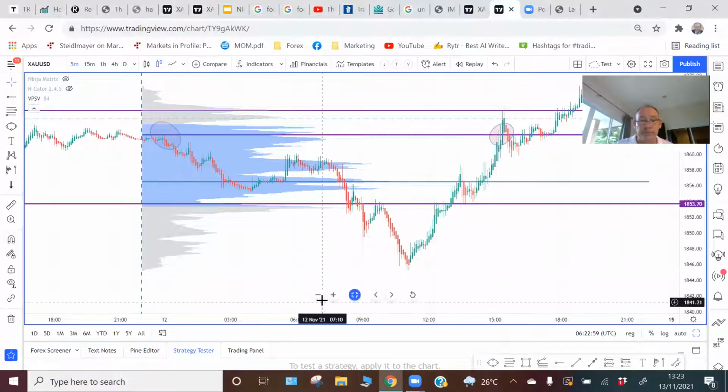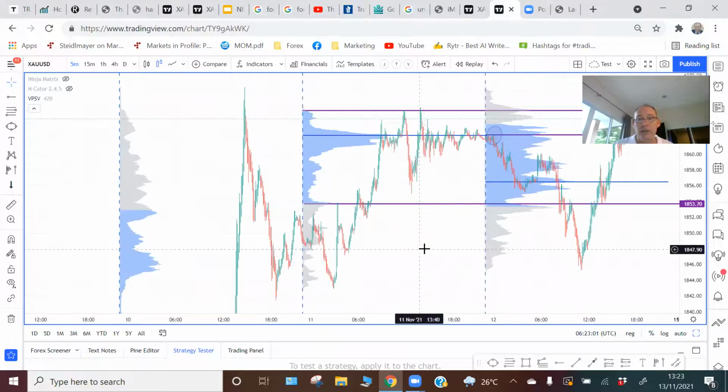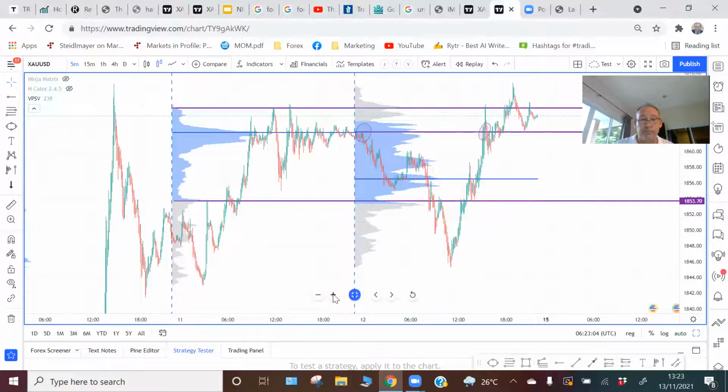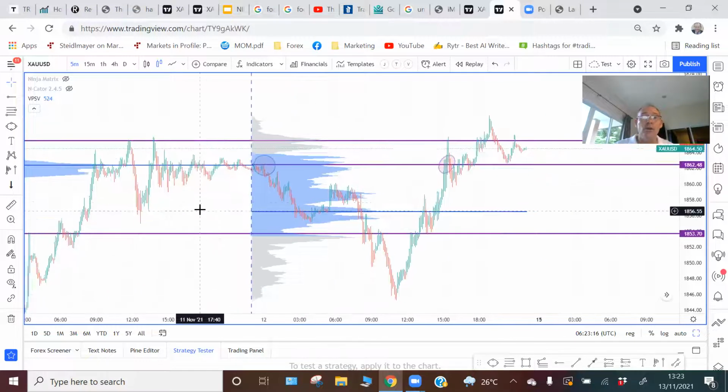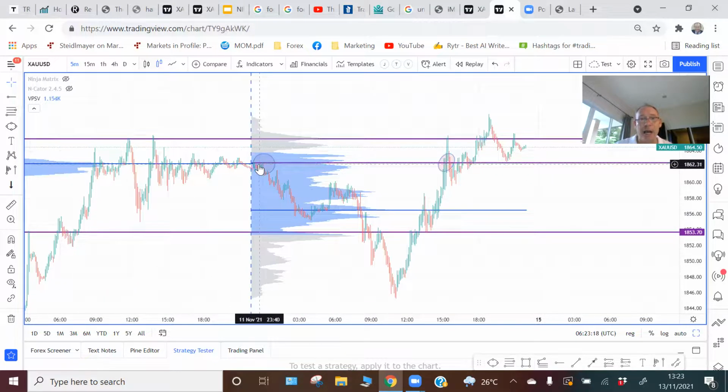So let's have a look at this. In the last video, we drew the three lines: the value area high, the value area low, and that was a target, which went back to the future. We hit the target straight away, and the second one, I went all the way around and we entered coming up, and that was the target there.